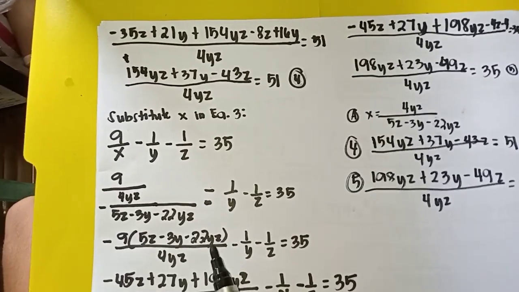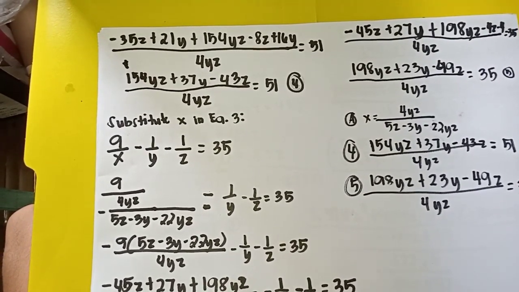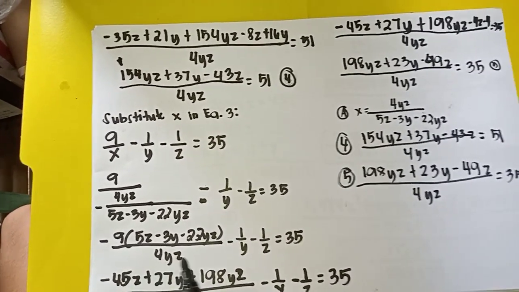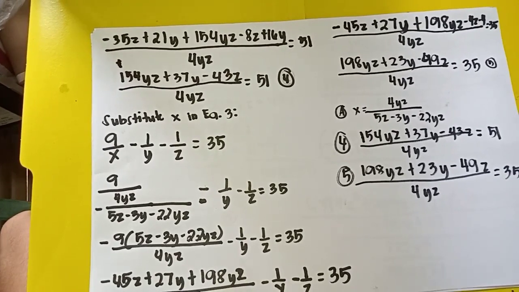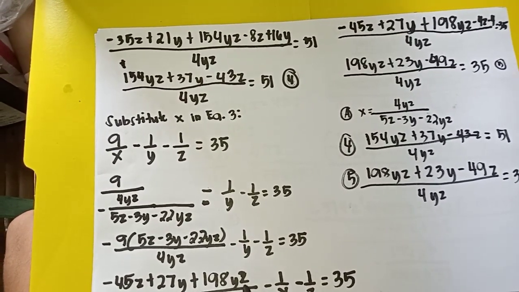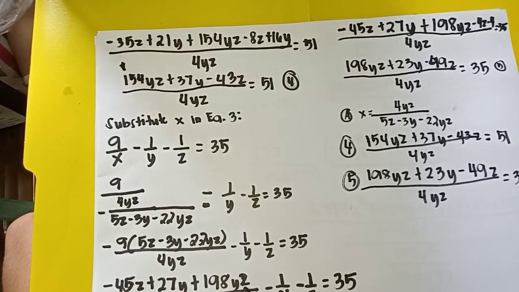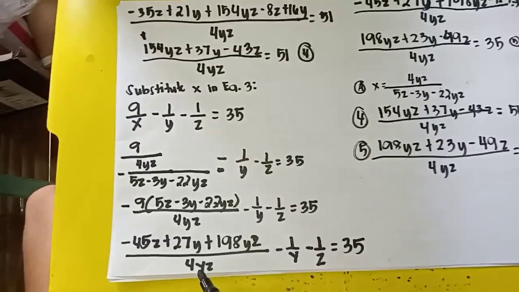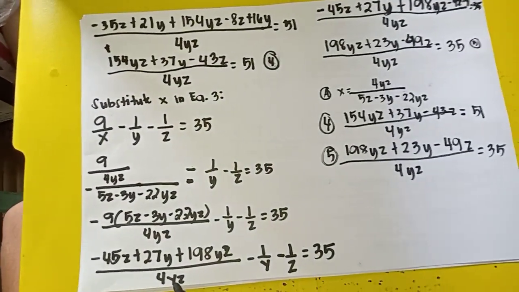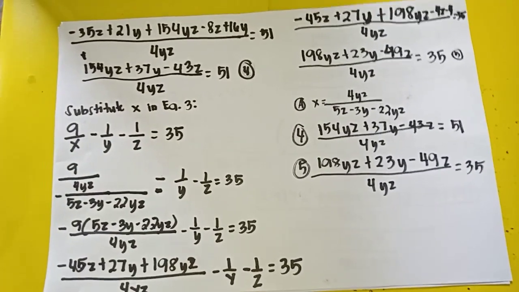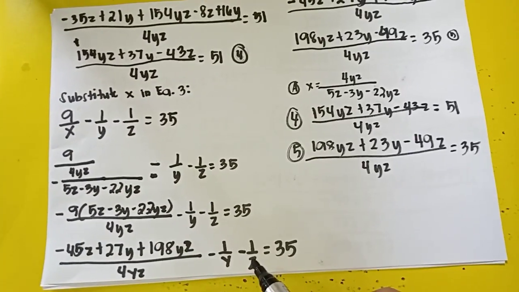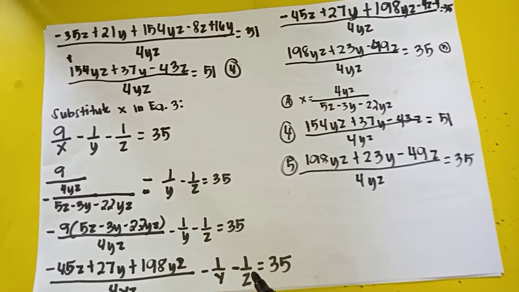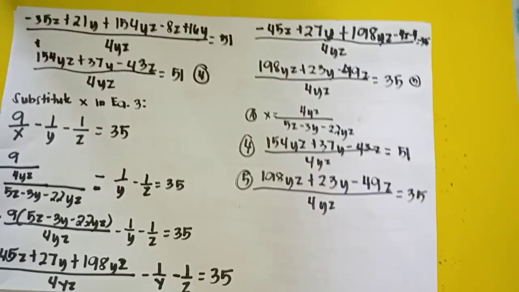Negative 9 times negative 3y is positive 27y. Negative 9 times negative 22yz is positive 198yz over 4yz, minus 1/y minus 1/z equals 35.